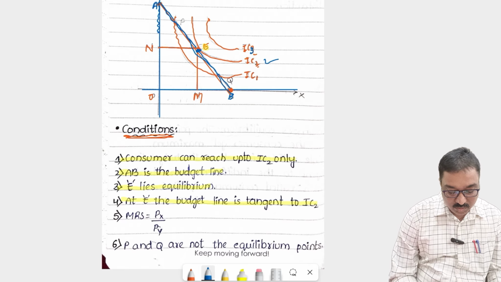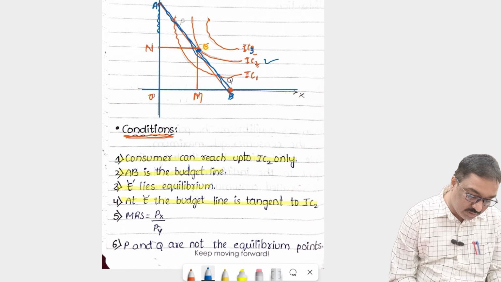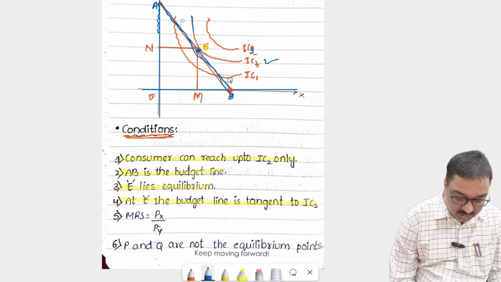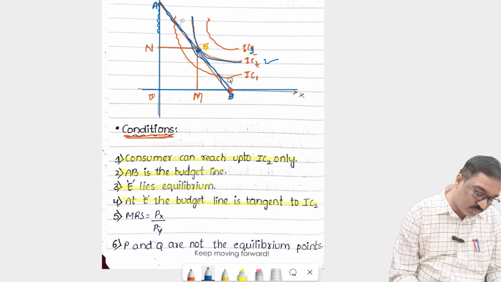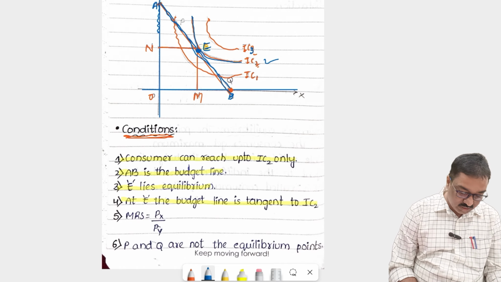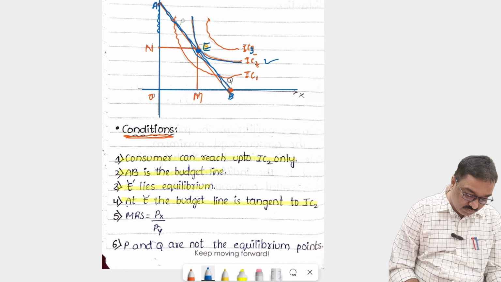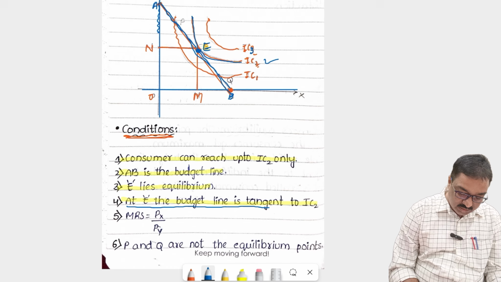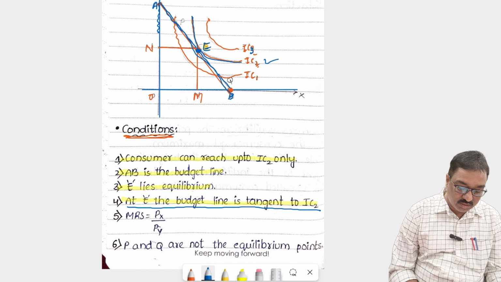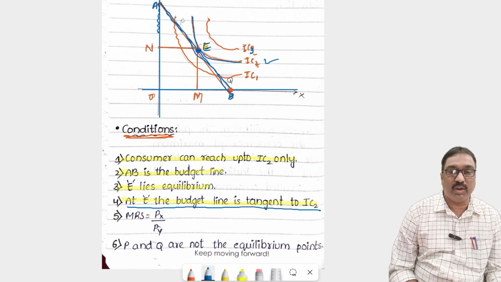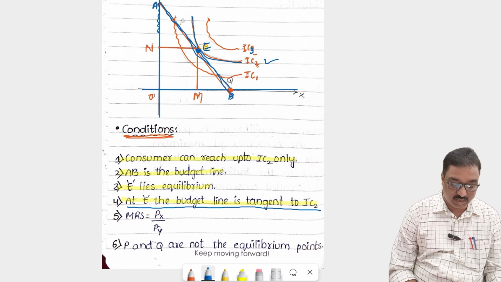Since the indifference curve is tangent to the budget line, this point is called the equilibrium point. At E, the budget line is tangent to IC2, so that point is called the equilibrium point.